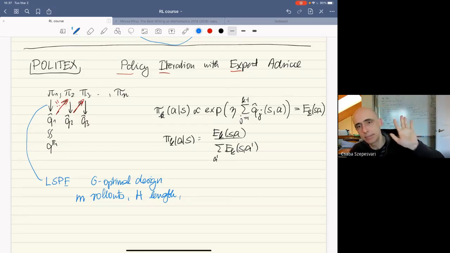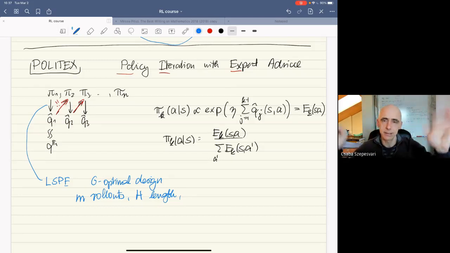But let's push that aside for now, because I just want to argue that by doing this simple change, instead of greedifying with respect to the last action value function, just summing up all the previous action value functions, and then creating this probability distribution by considering the Boltzmann with respect to that, we can reduce the dependence of the approximation error from the quadratic scaling with the effective horizon to the linear scaling with the effective horizon.